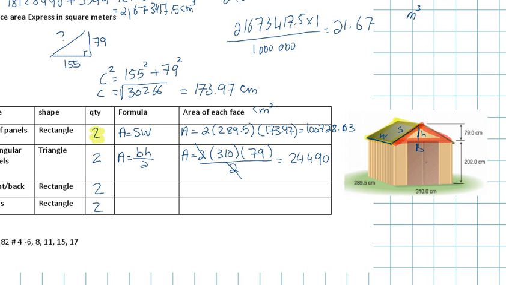Then I have the front and back. So that's easy, length times width. And I have 2 of them.